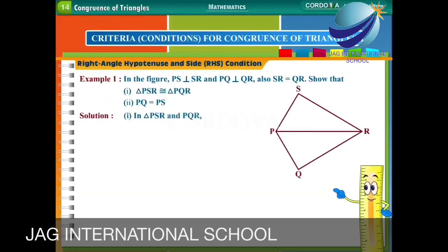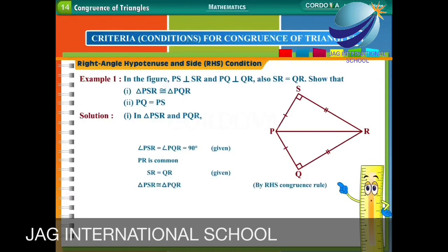In triangles PSR and PQR, angle PSR is equal to angle PQR, which is equal to 90 degrees, given. PR is common. SR is equal to QR, given. Triangle PSR is congruent to triangle PQR by RHS congruence rule. Hence, PS is equal to PQ, corresponding sides of congruent triangles.